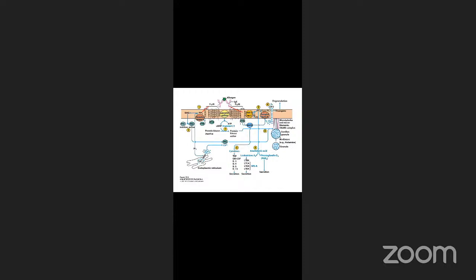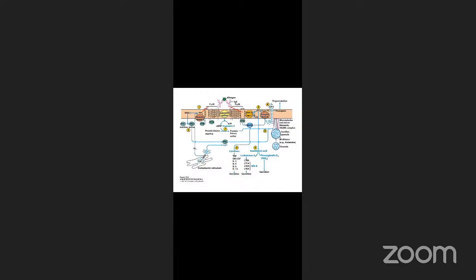After the sensitization, on subsequent contact with the same allergen, what happens? The sensitized mast cell, which is bound with antibodies, especially immunoglobulin E antibodies, directly recognizes the antigen.